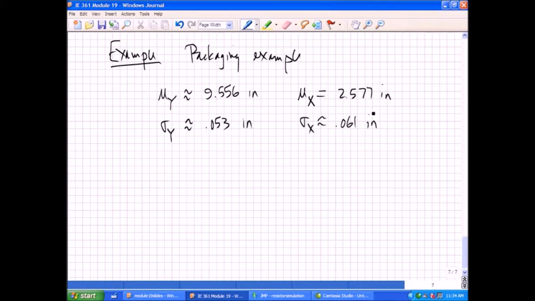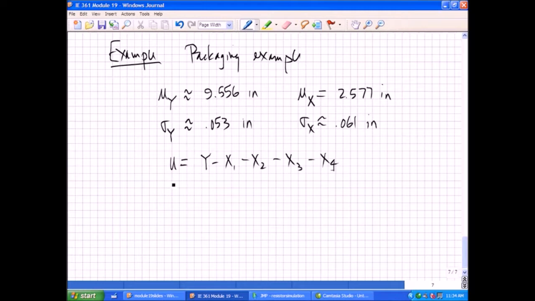Well, okay, so what do we know then? The function we're dealing with is that the head space is Y minus X1 minus X2 minus X3 minus X4.